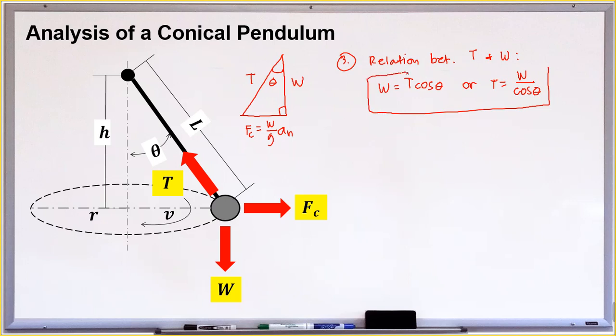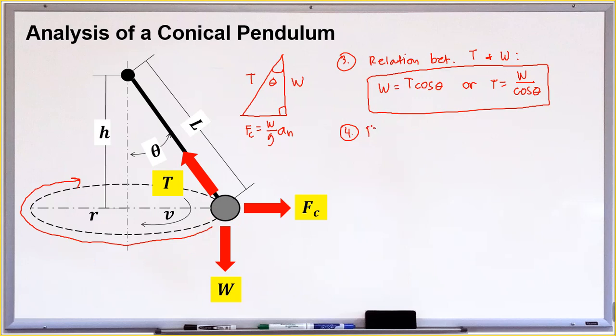So don't forget this one for a conical pendulum. The last one, we are going to find the total time it takes to complete one revolution. That is also very important because it talks about the period. In a conical pendulum, the period or the frequency is important. Frequency means how often it goes around from its initial position and returns to that initial position.